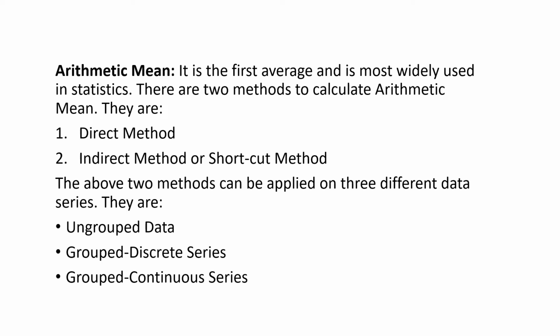The indirect method is also called the shortcut method. The above two methods can be applied on three different series, that is ungrouped data, grouped discrete series, and grouped continuous series. When it comes to the merits of arithmetic mean, it is very simple to calculate and understand.